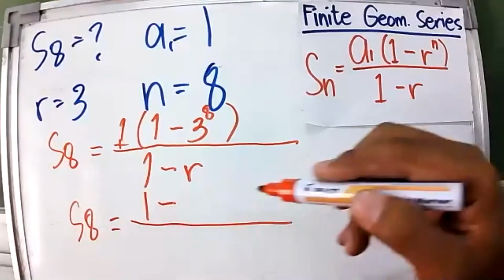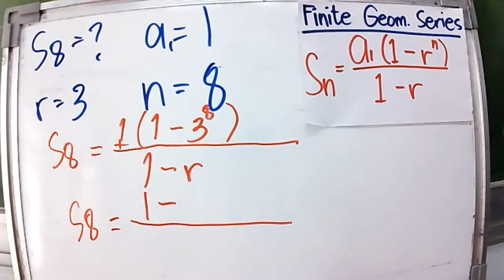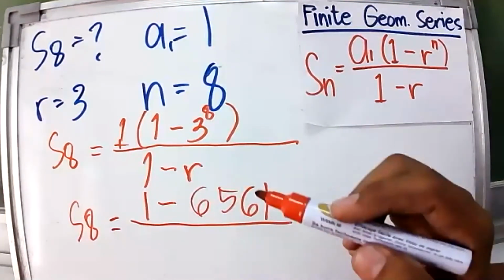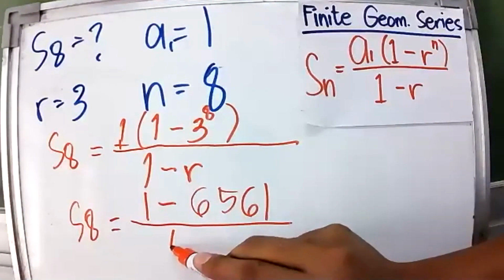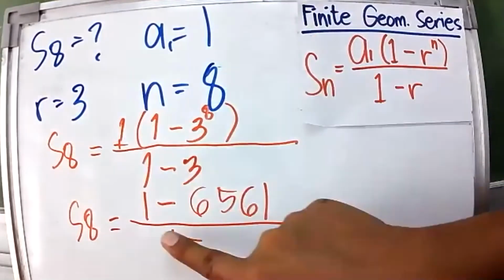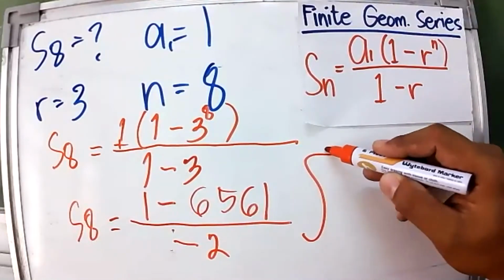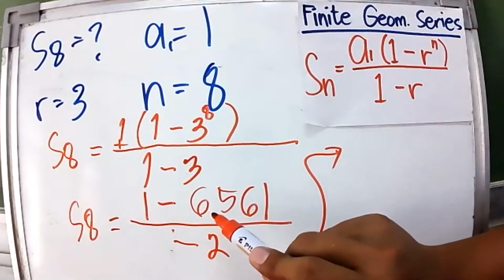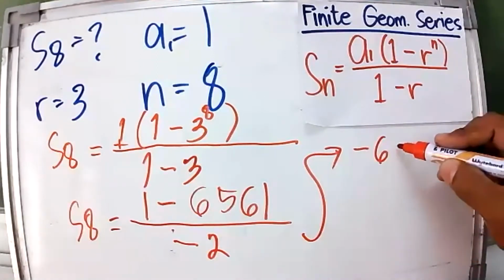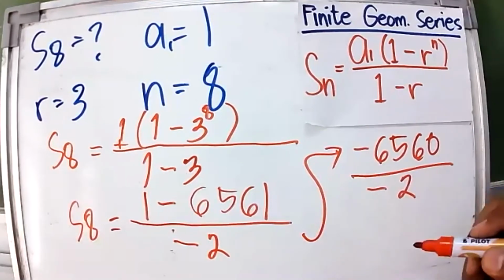So 1 minus 3 raised to 8, 3 raised to 8 is 6,561. Okay? Over 1 minus our R, which is 3. So 1 minus 3 is negative 2. Okay? And then 1 minus 6,561 is negative 6,560 over negative 2.